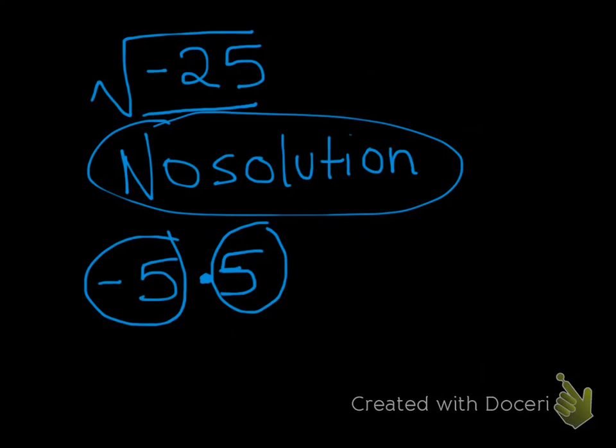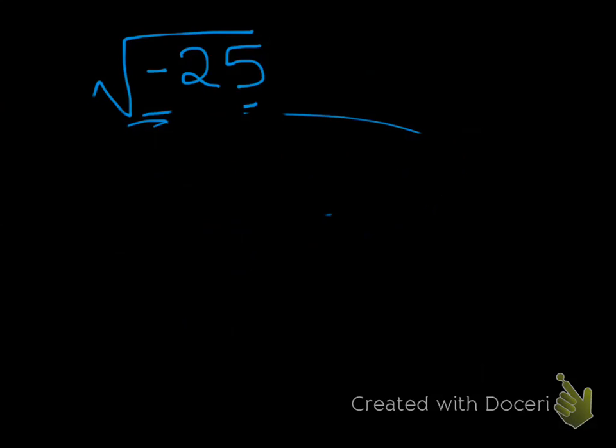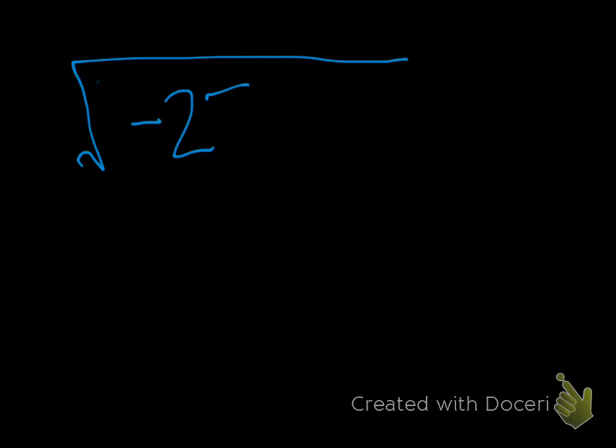Now let's try doing a higher level problem. So, let's erase this, and let's do this problem. The square root of negative 25 times negative 4. Now before you say no solution, let's think this through.